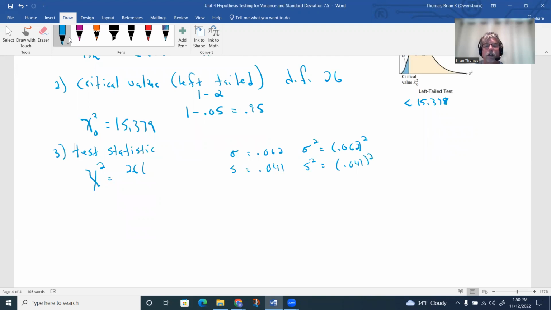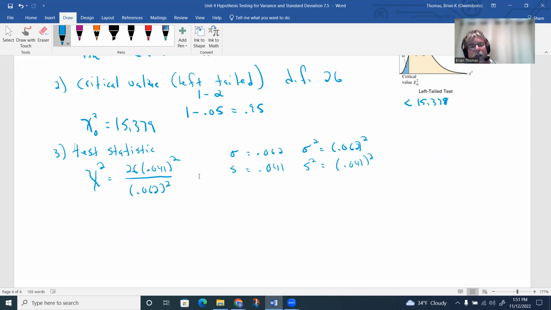So 26 times 0.041 squared over the hypothesis variance, 0.062 squared.